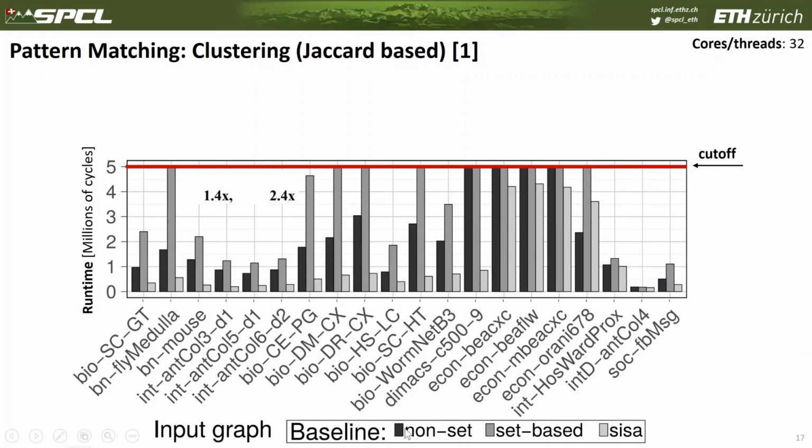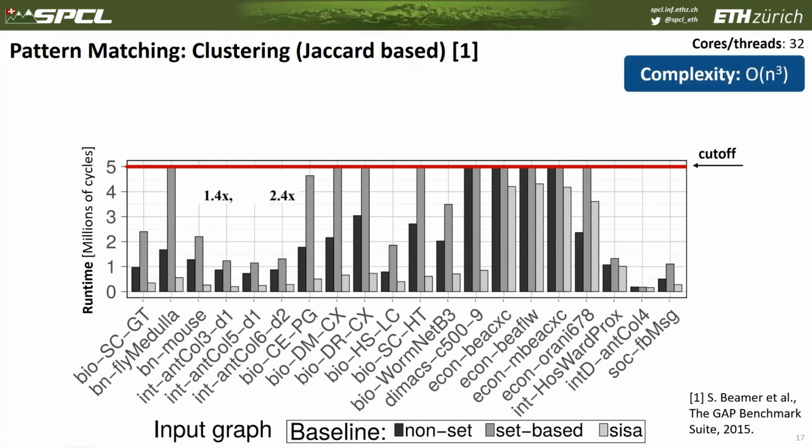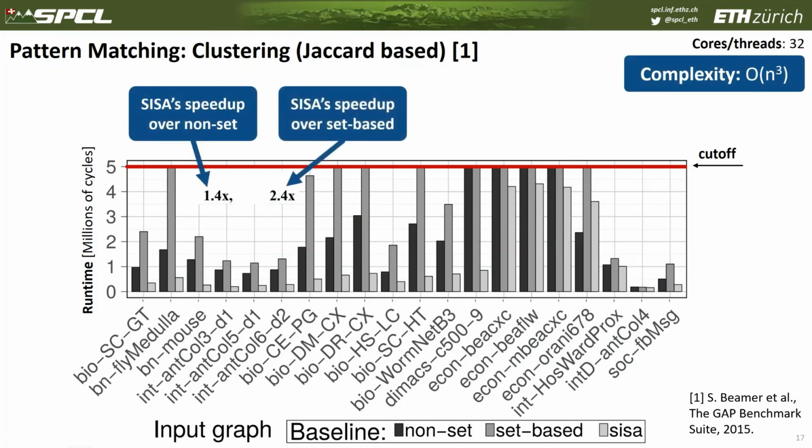So here we have, again, the non-set variant, the set-based, and the SISA. We compare the non-set implementation coming from the highly optimized GAP benchmark suite. And the complexity of this clustering scheme is O(n^3). Here we also plot the overall summarized SISA speedups over the non-set variant and the set-based variant.